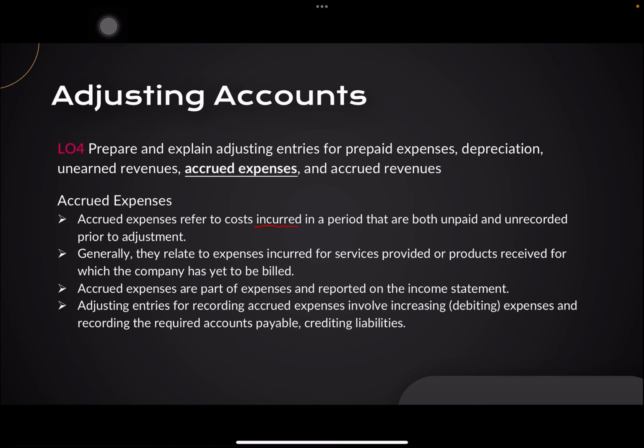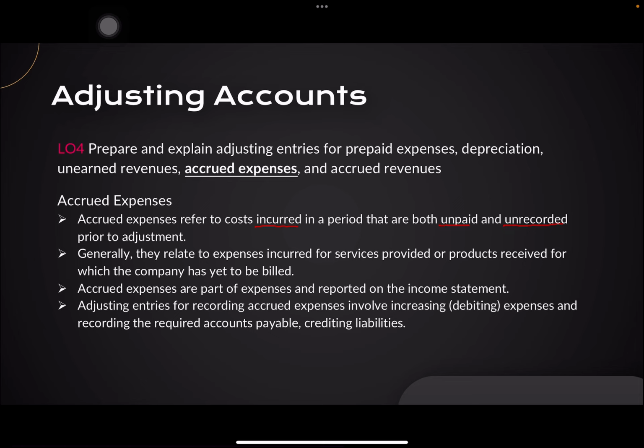So the expenses that you used or have arisen from other transactions, but they remain unpaid and unrecorded prior to the date of adjustment. Okay? So these two criteria must be met.